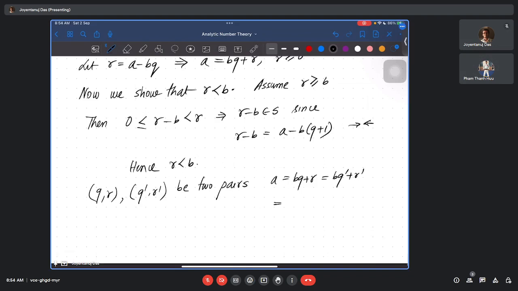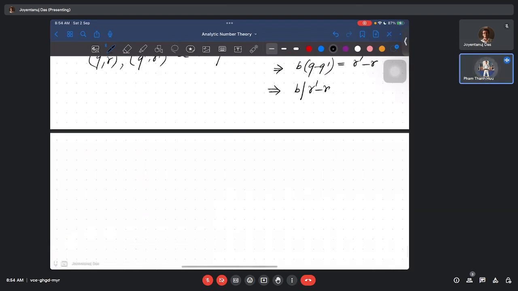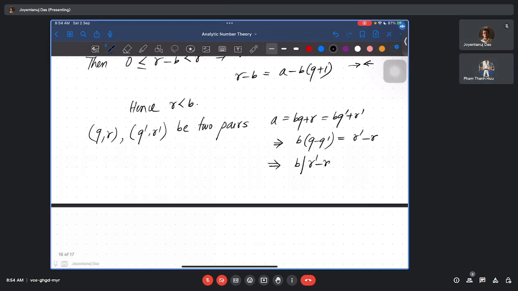So from here, what I have is b times (q minus q prime) equals r prime minus r. So this implies b divides r prime minus r.